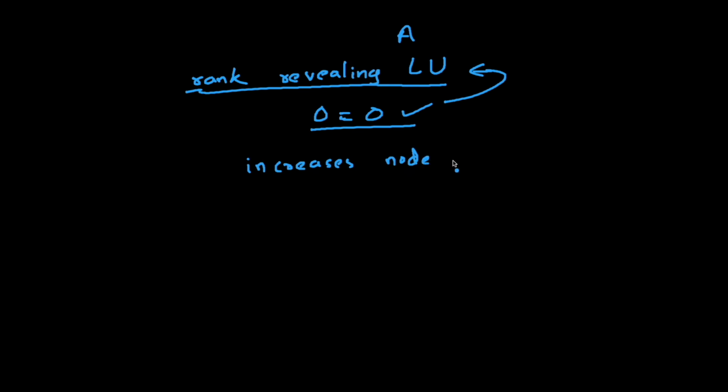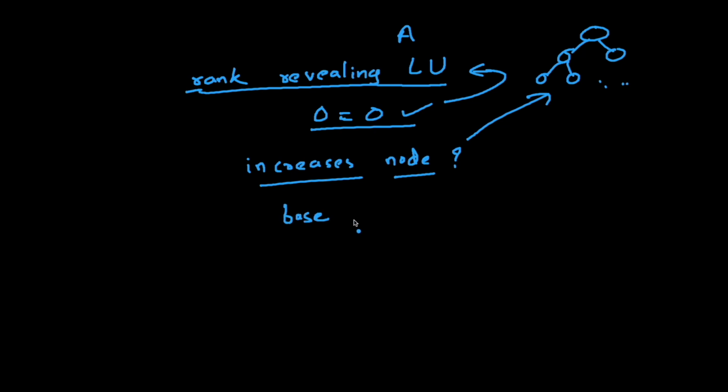Increases node count, right? So why is that happening? By default, when we remove some redundant rows, we expect that our branch and bound tree will not get affected at all. But apparently sometimes it is actually increasing the node count when we remove redundant rows, and the reason is that these redundant rows act as base constraints for generating other cuts.